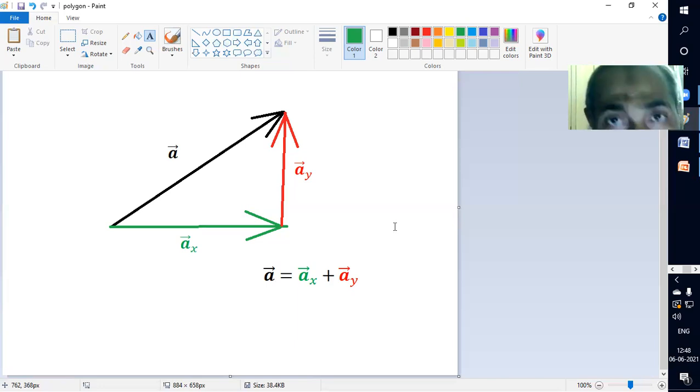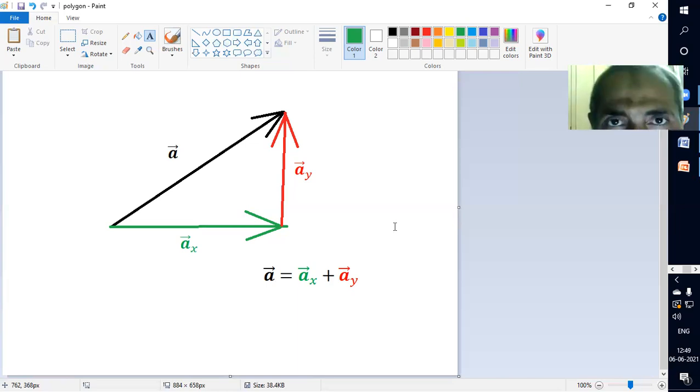For example, the horizontal and vertical components will be perpendicular to one another, and if you add them, the total will give you the actual vector. Similarly, the x and y components of the vector will be perpendicular to one another, and if you add them, the total will be the given vector. In the same way, when the tangential and radial components are considered, these two will again be perpendicular to one another, and the sum of those two components will give you the actual vector.